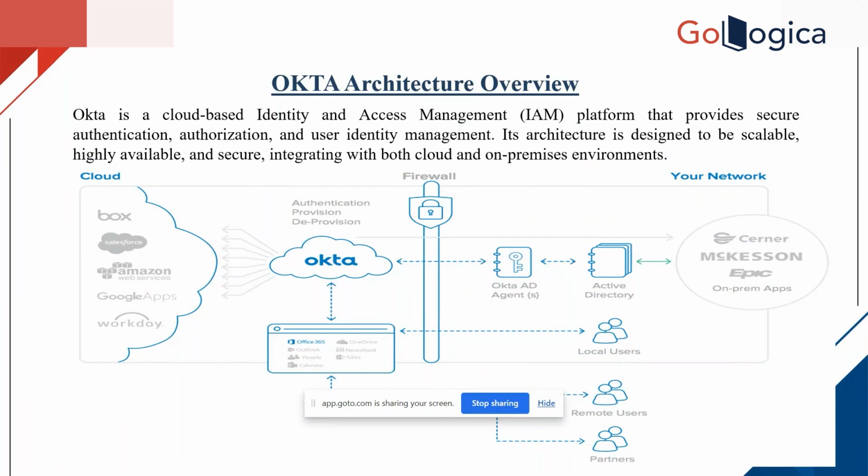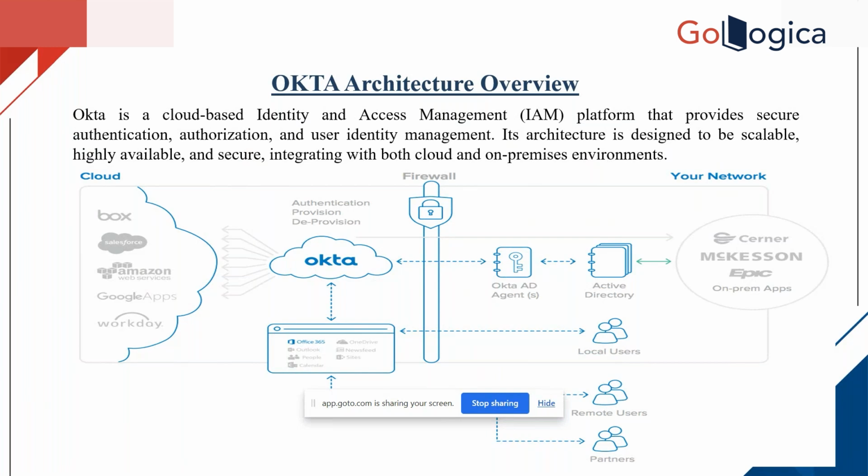In between we have the firewall, for our security purposes and for creating the DMZ. There should be a firewall which restricts any suspicious activity, suspicious login, intruder, or hacker trying to reach our network from the Okta side. They are not going to do this kind of activity.